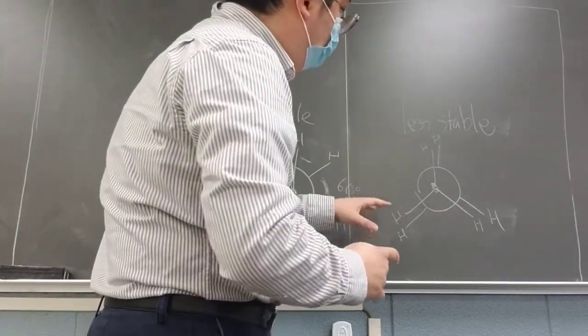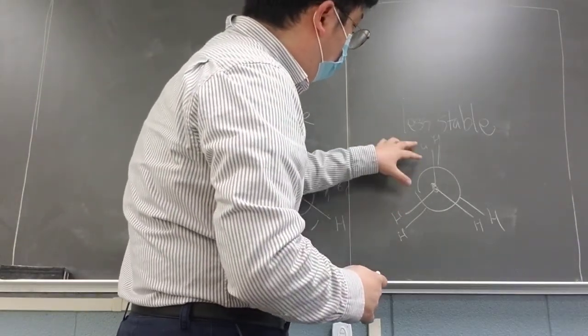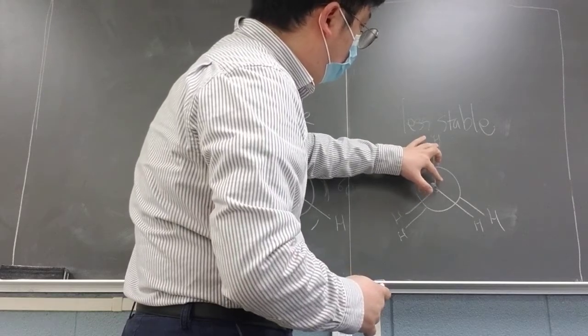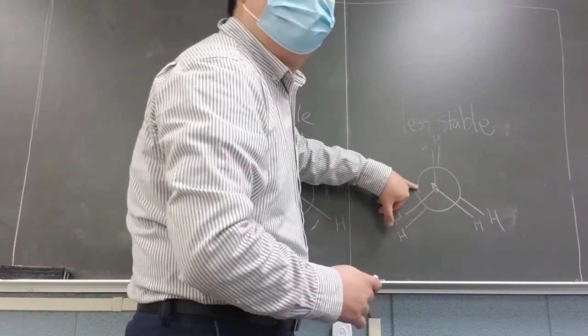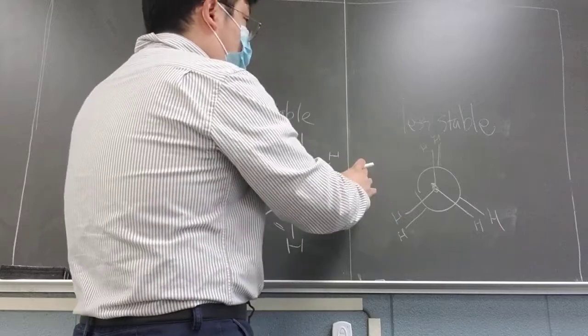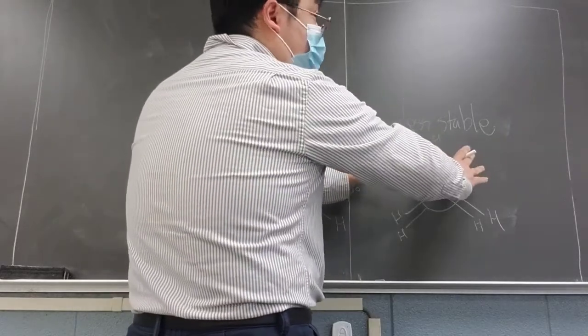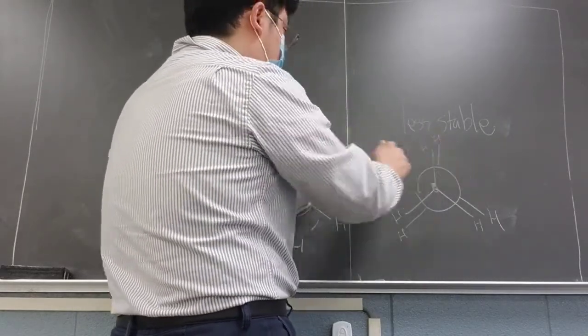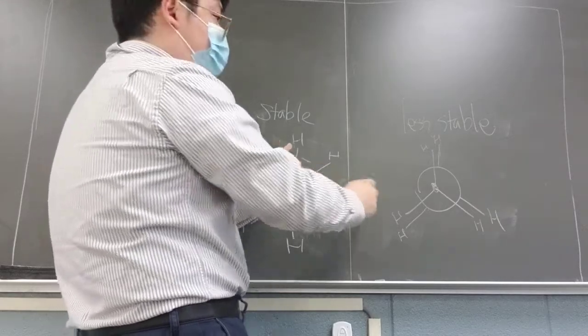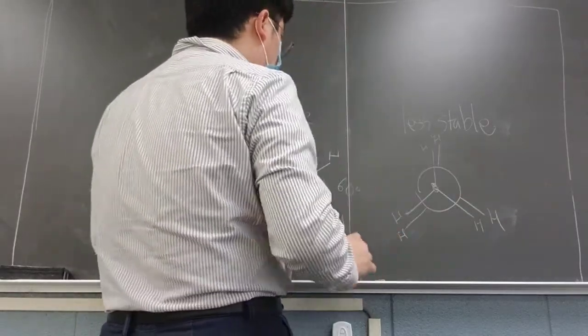But in here, you have the bonds in the front and the back overlapping on the same side, right? This is why this is a little bit more unstable than this one, because of the spacing problem.